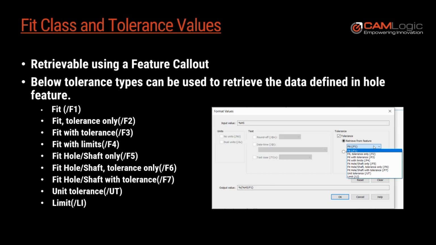Now it's added right to the feature, and they've also made it so that that information can be retrieved through callouts, feature callouts, etc. So if you have any of the tolerance types or fit classes in that list on the left there, these are retrievable and will display in your feature callouts just by adding it in.